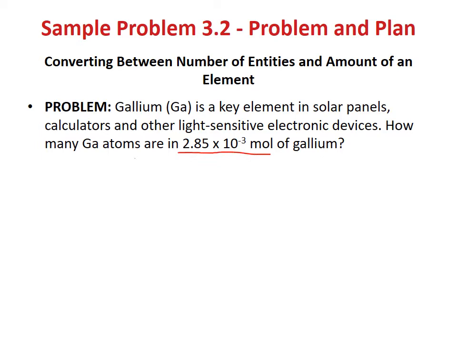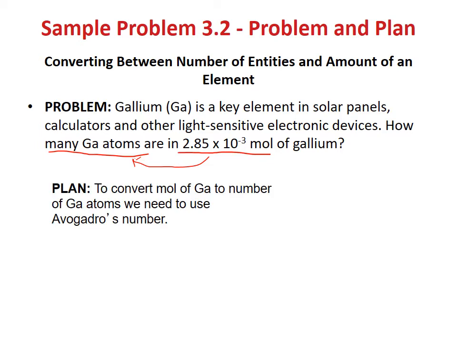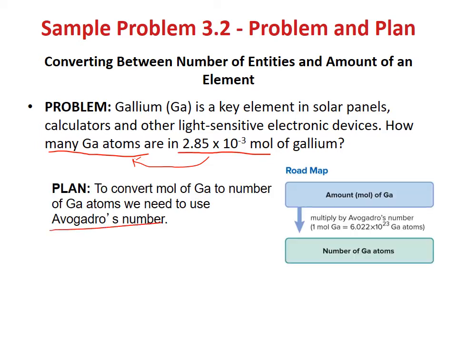The question is how many gallium atoms. We're converting moles to the number of entities. And for that, we need Avogadro's number. Avogadro's number here is 1 mole of gallium equals 6.022 times 10 to the 23rd gallium atoms.